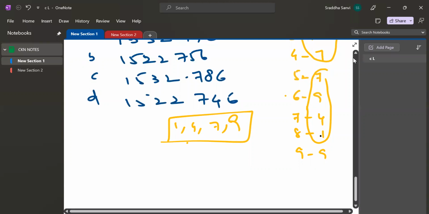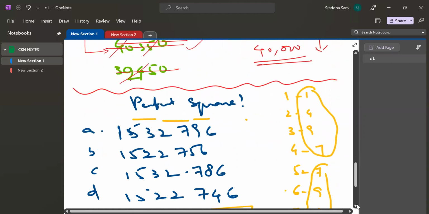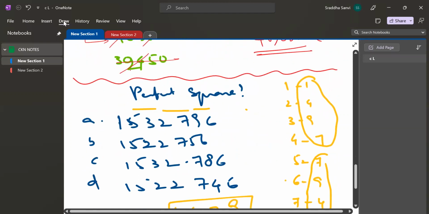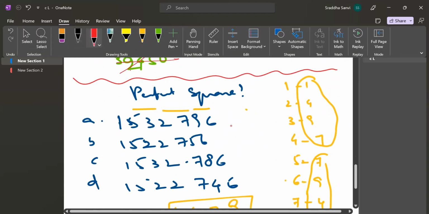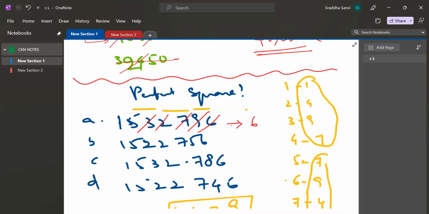Now I look at the given problem. The option choices are 1532, and so on. Let me work on this question. First option, 9 waste, 7 plus 2, 9 waste, 6 plus 3, 9 waste, digital sum is 1. 7 plus 2, 9 waste, 6 plus 2 plus 1, 9 waste, 5 plus 5 is 10, digital sum is 1. 7 plus 2 waste, 6 plus 3 waste, 8 plus 1 waste, 5.